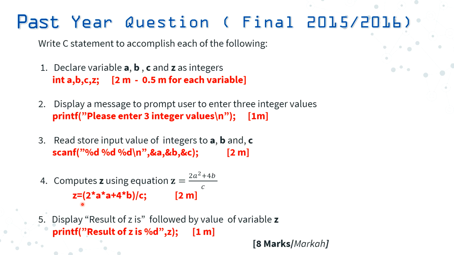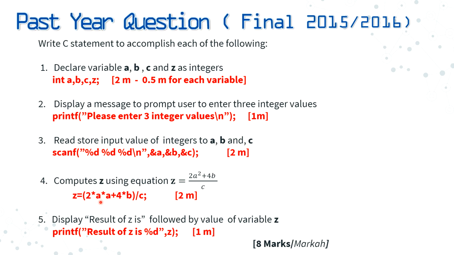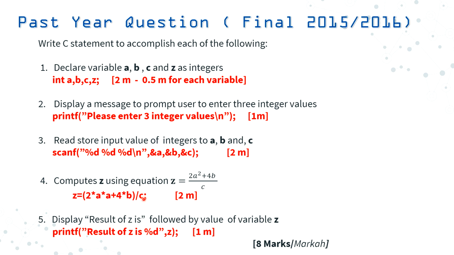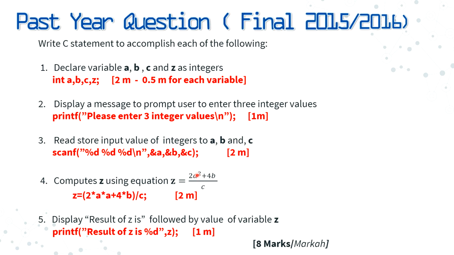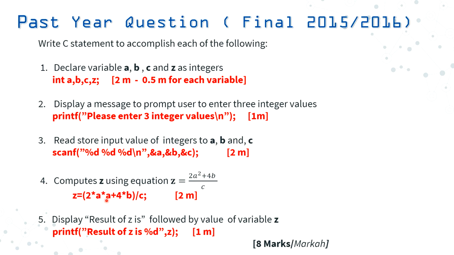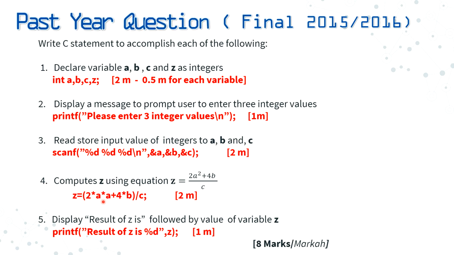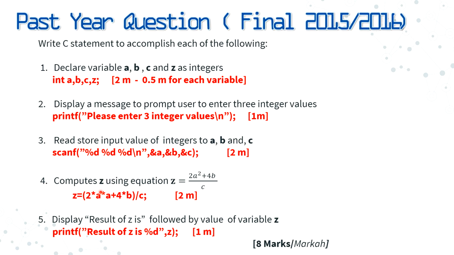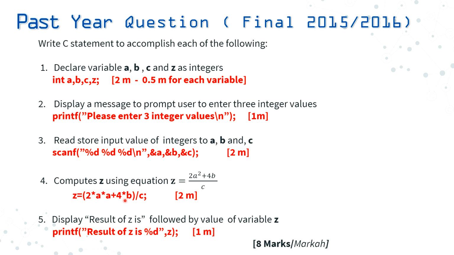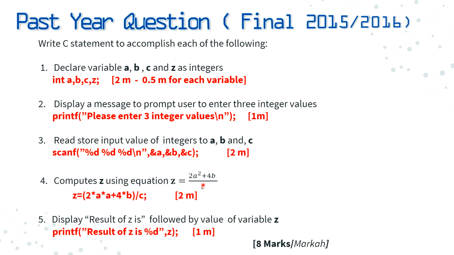Z equals parentheses of 2 multiplied with A multiplied with A plus 4 multiplied with B, and forward slash, which represents division by C. Just like before, we expand the square into A times A, explicitly use asterisks for multiplication, and use parentheses to ensure the top of the fraction is added together before the division by C happens.